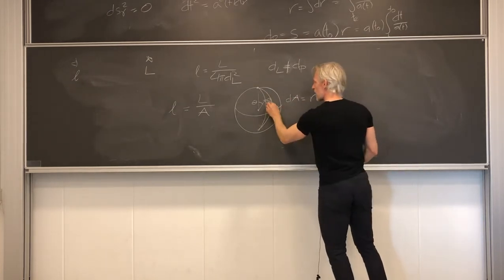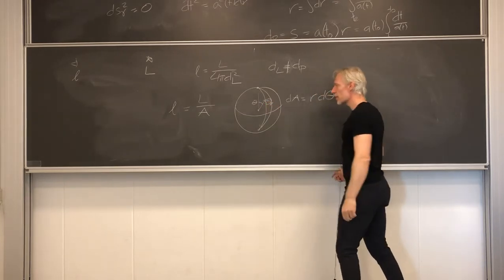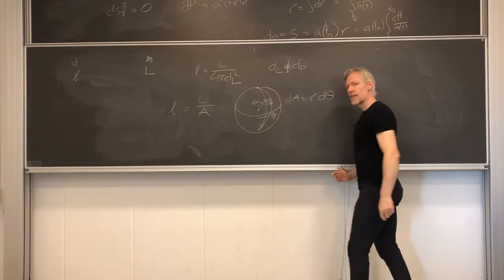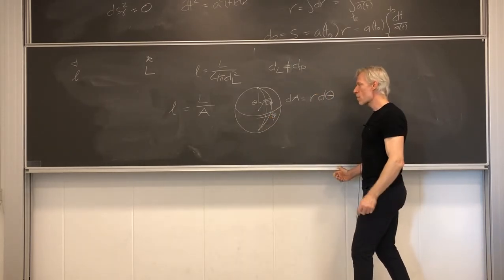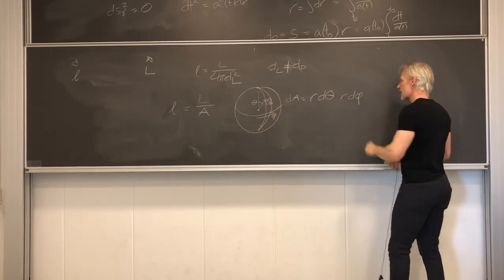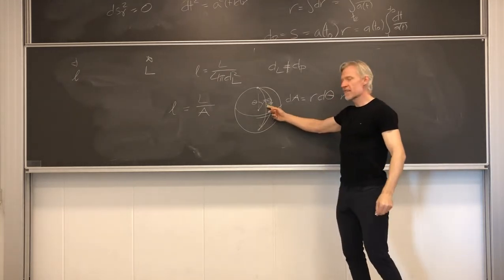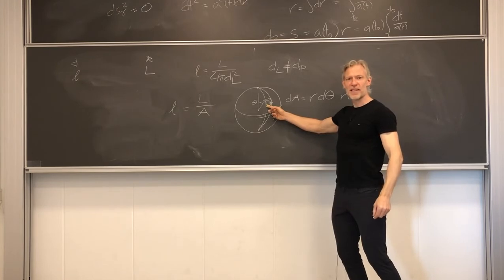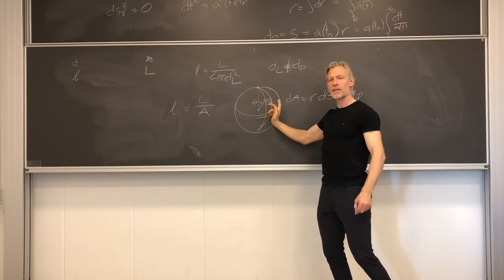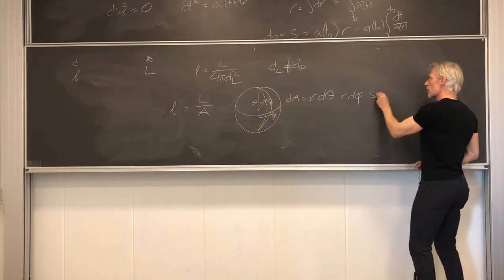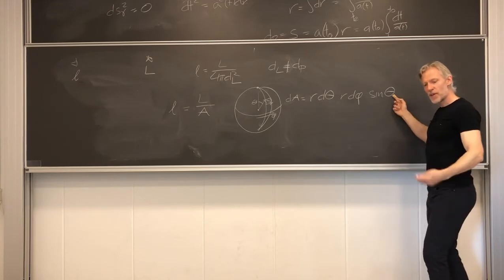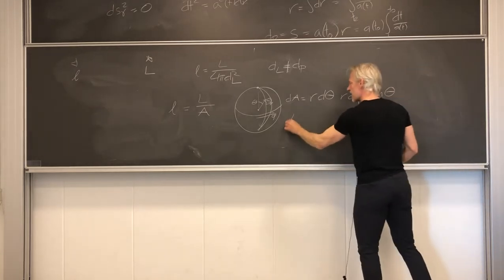Now, of course, I also need the transverse length here, and this angle we normally call the azimuthal angle. But of course, this is not r times d phi, because it's not an orthonormal coordinate system, right? So this length changes as a function of the polar angle, and we know we need to multiply it with sine of theta.